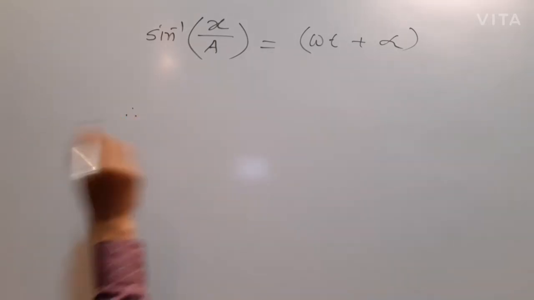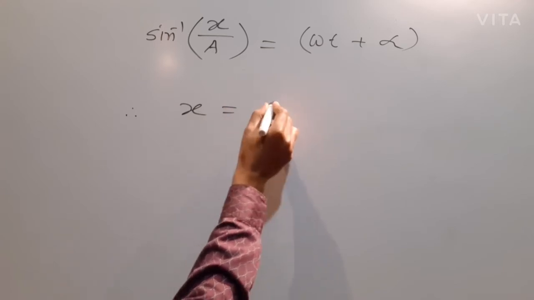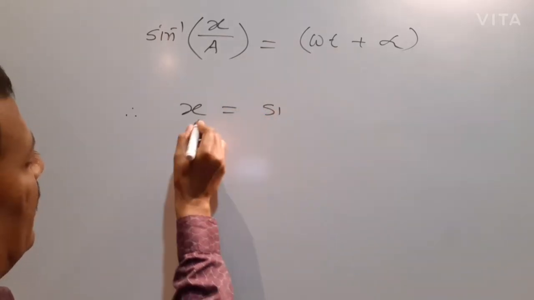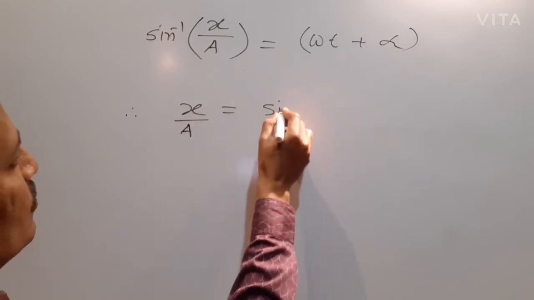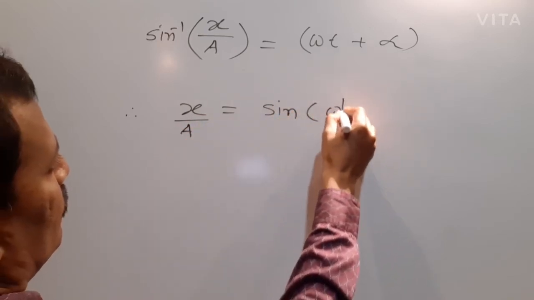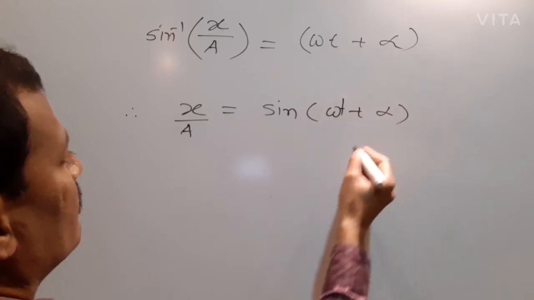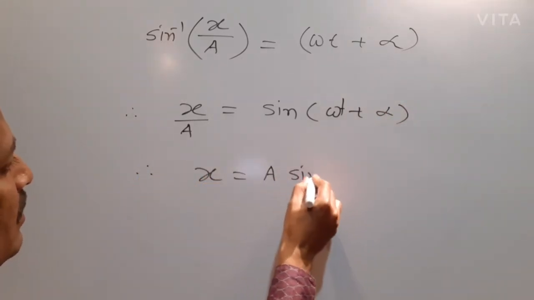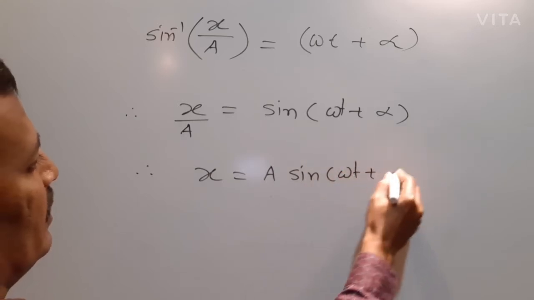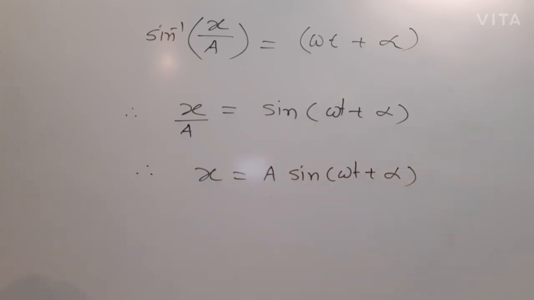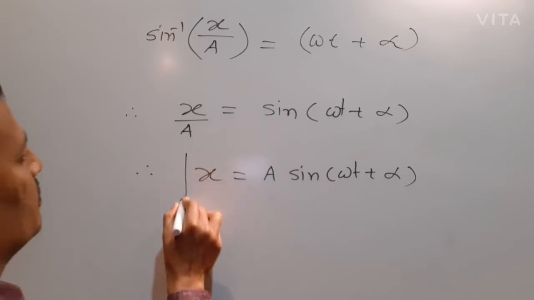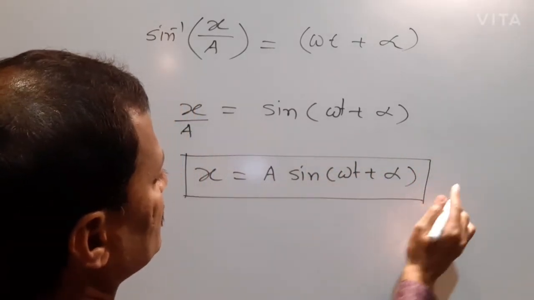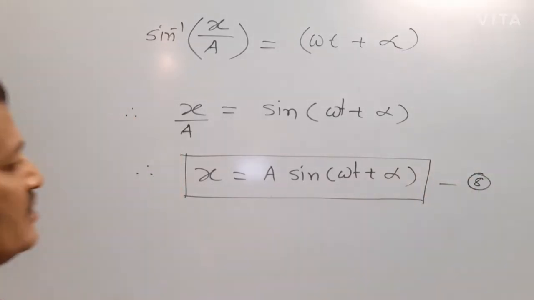Therefore x upon A is equal to sine of omega t plus alpha, and therefore x is equal to capital A into sine of omega t plus alpha. This is our equation number 8.